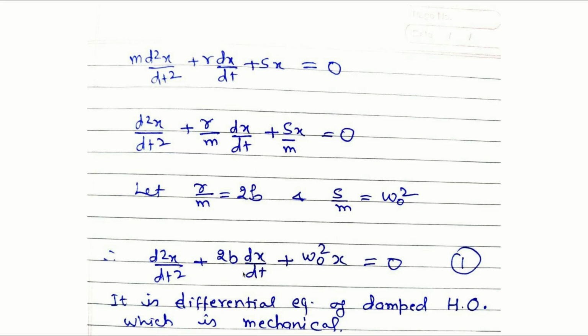We can see that in the case of the damped harmonic oscillator, three terms are there in the differential equation of the mechanical oscillator. Similar mathematical expressions are there in the case of the damped electrical oscillator.